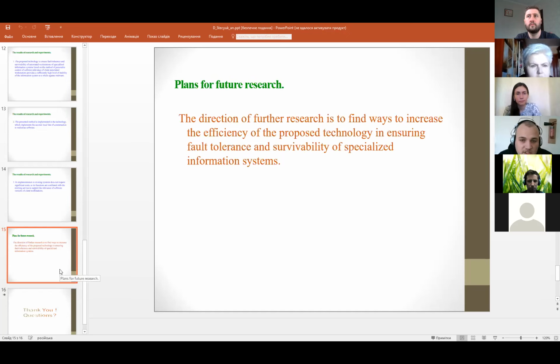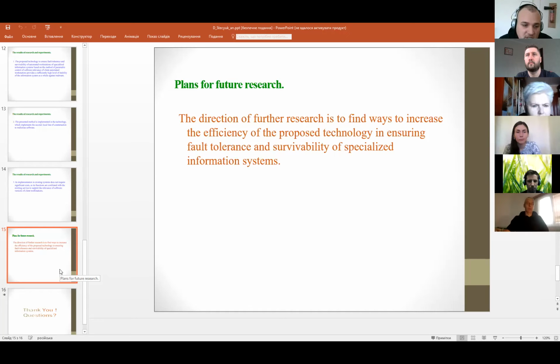Plans for future research. The direction of future research is to find ways to increase the efficiency of the proposed technology in ensuring fault tolerance and survivability of the specialized information system.